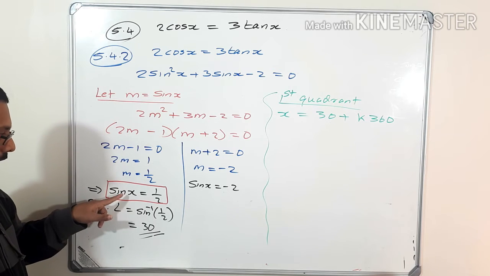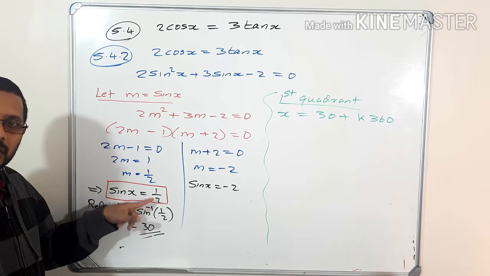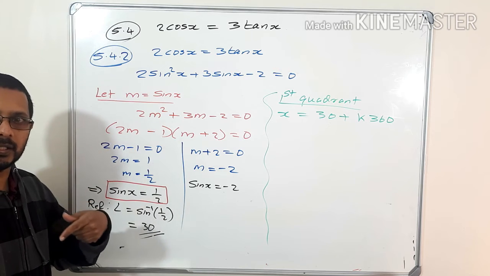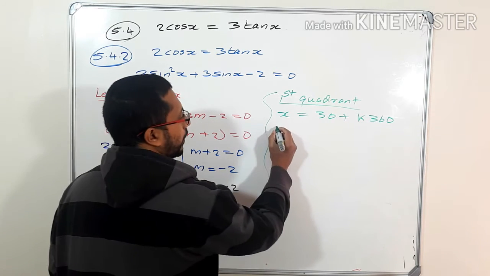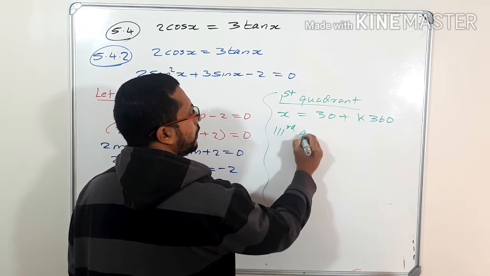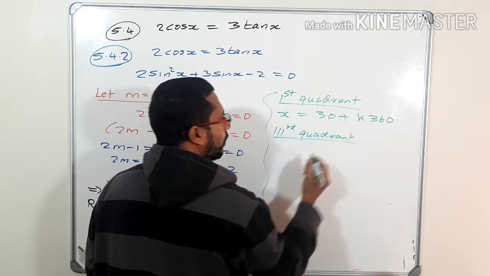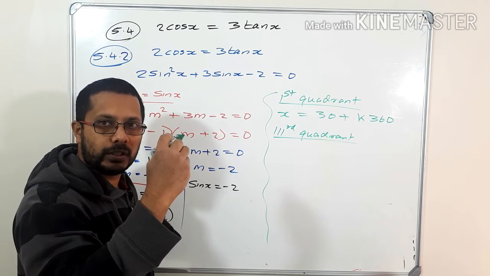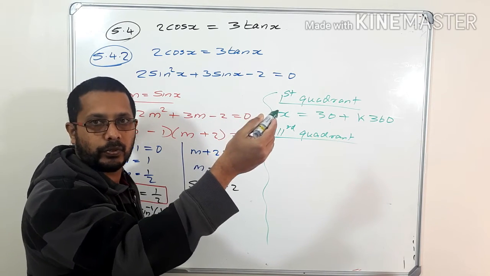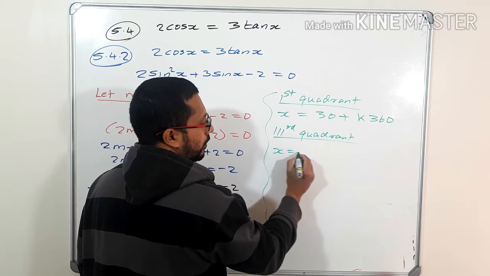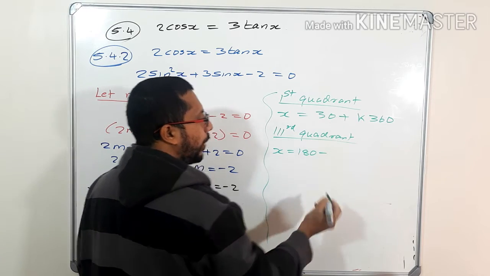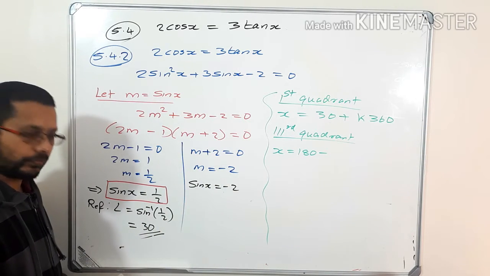Now look once more. Sine is positive in the first quadrant and the third quadrant. So what about the third quadrant? In the third quadrant, how can you write? It is 180 minus the reference angle. So x is equal to 180 minus the reference angle. What is the reference angle?